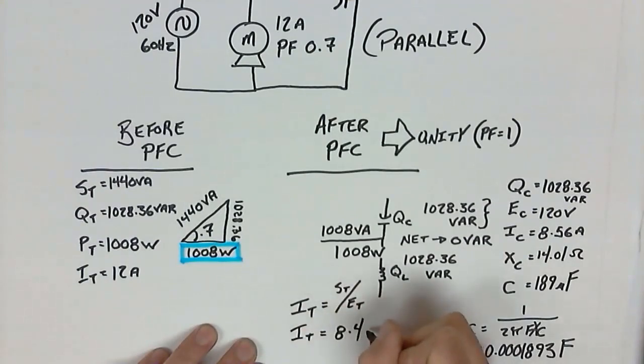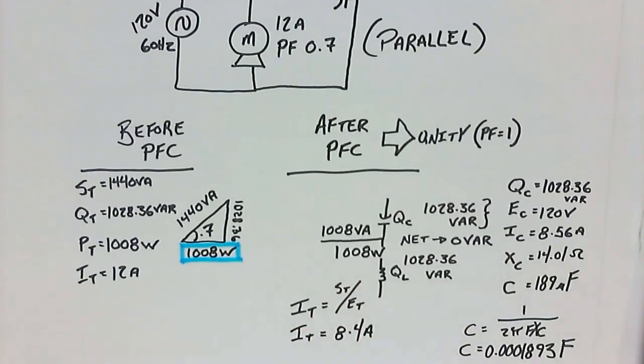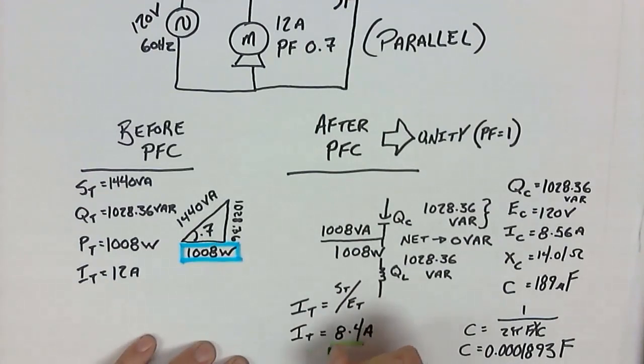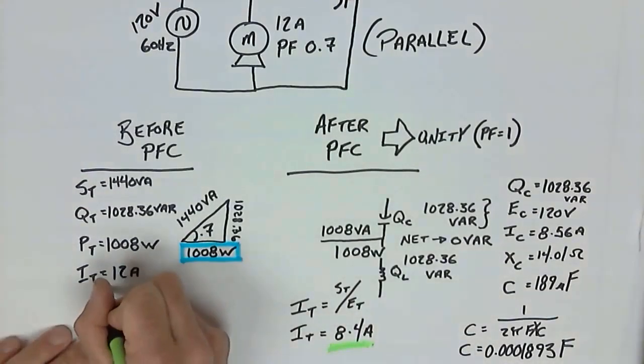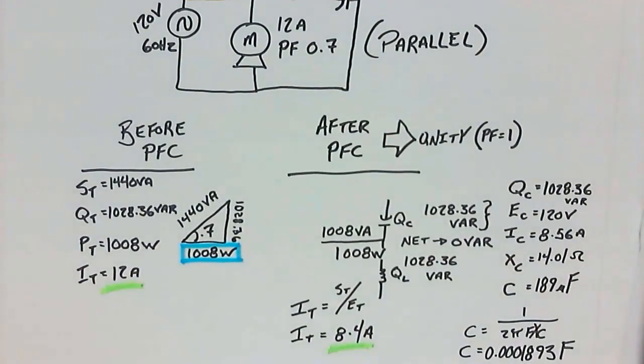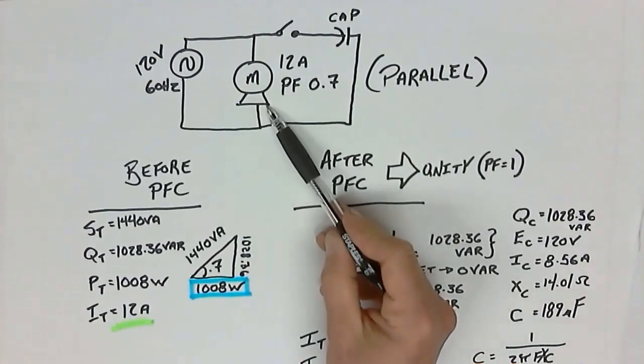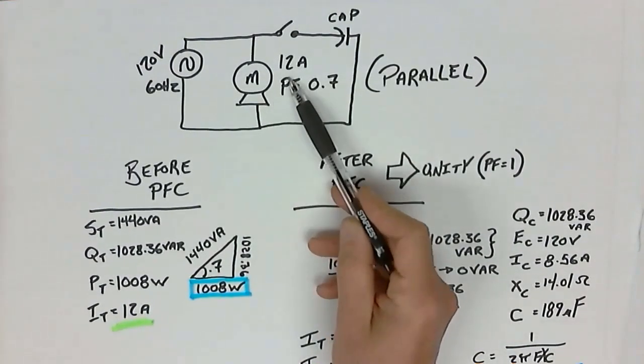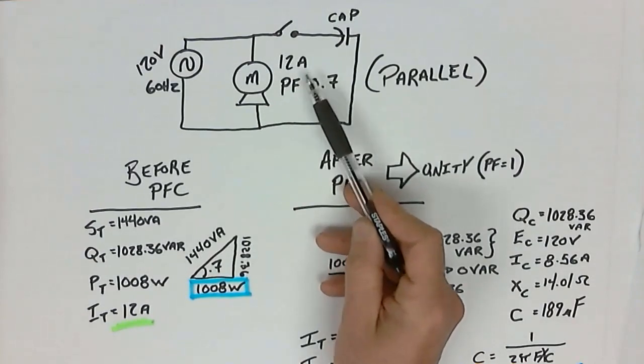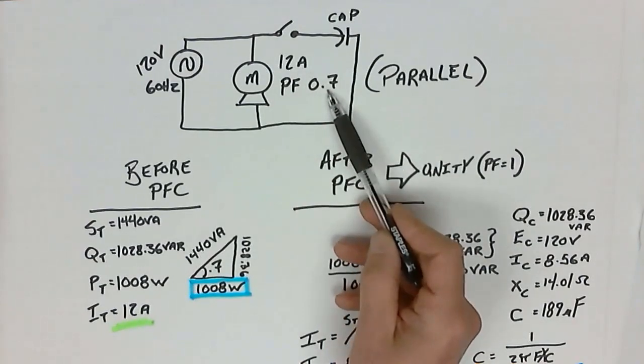So what we should see every single time we do power factor correction is that the current should get smaller. The current should get smaller total. Keep in mind, when I throw the switch, the motor doesn't know any different. The motor doesn't care. The amount of current the motor draws doesn't change. The power factor of the motor doesn't change.